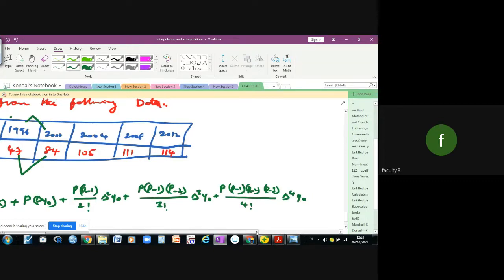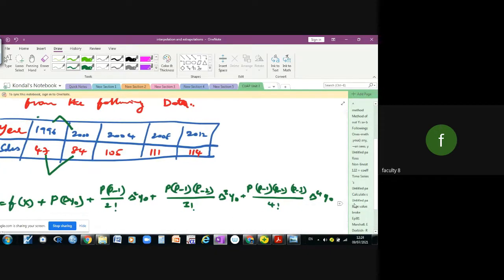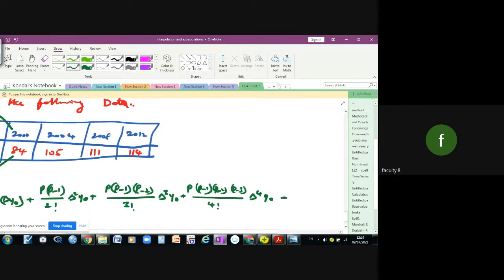So it goes on like this, up to n values.